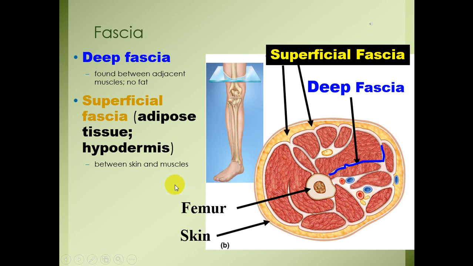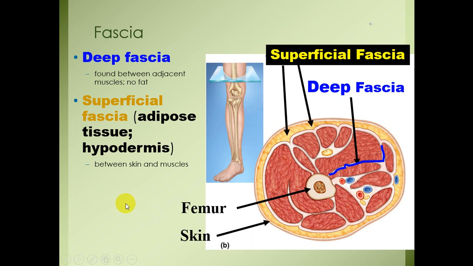In some regions, the deep fascia is further thickened to support the compartments, like the iliotibial tract, which is the thickened lateral part of the thigh fascia, and it provides attachment to muscles like tensor fascia lata and gluteus maximus.